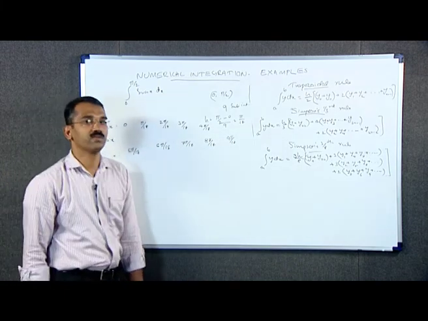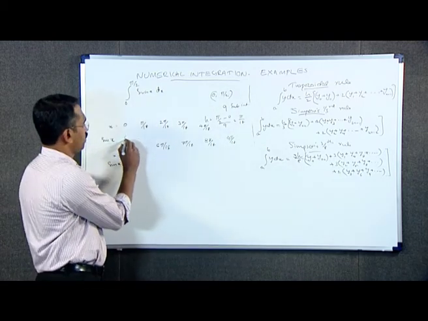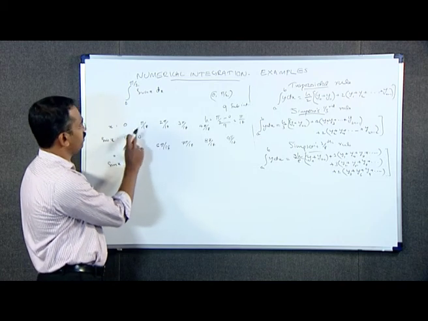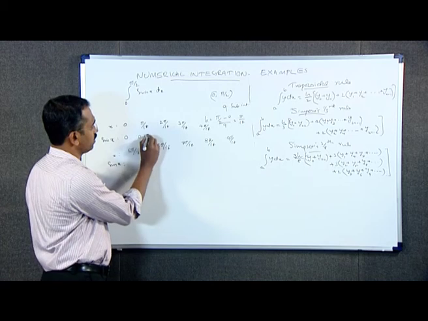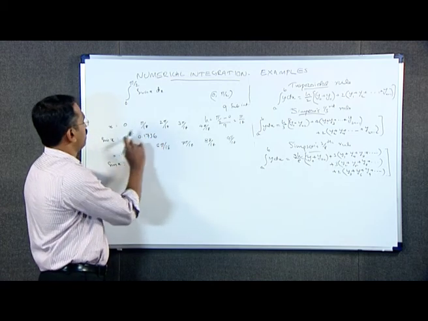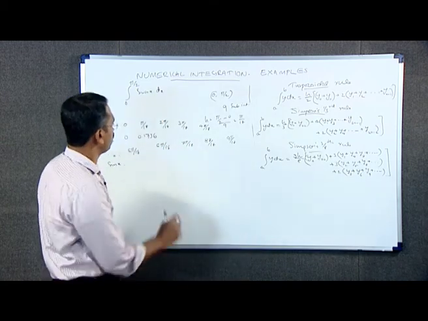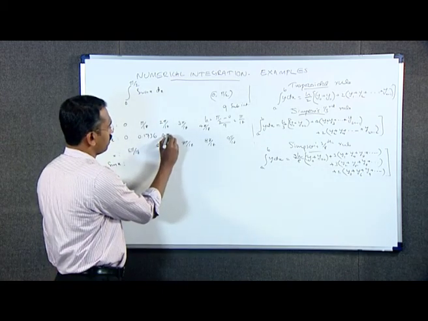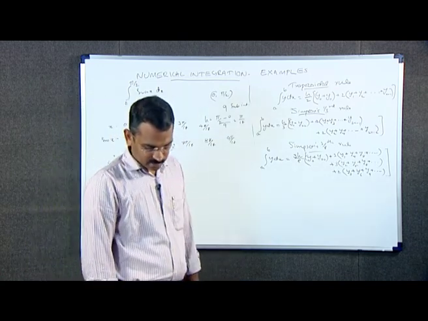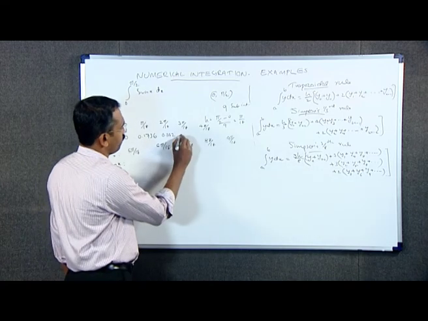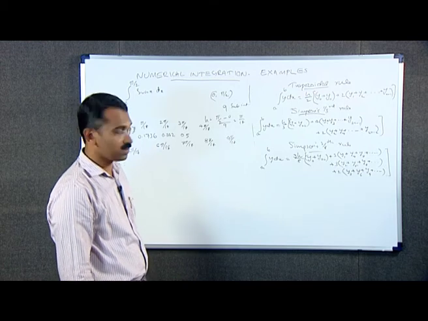The corresponding values of sin x are 0, sin pi by 18 is 0.1736. Sin 2 pi by 18 is 0.3420. Sin 3 pi by 18 is 0.5. Sin 4 pi by 18 is 0.6428.